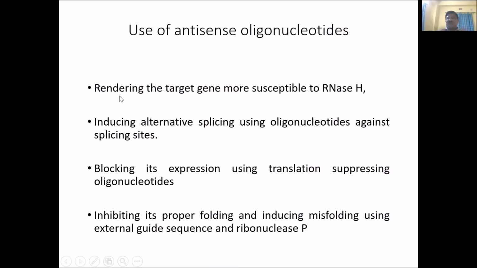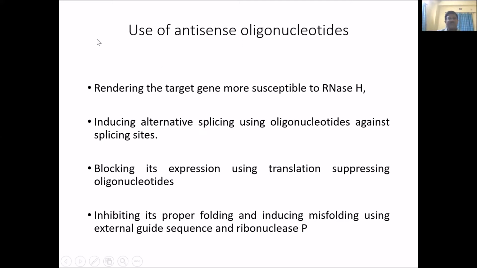Now, till now we were discussing the double-stranded RNAs because they are foreign to us, and that's why they can very effectively be used to treat our genetic diseases. Now we also have some single-stranded oligonucleotides which can do these jobs, but not as efficiently as siRNAs or miRNAs. But still, we have to know them a little bit.